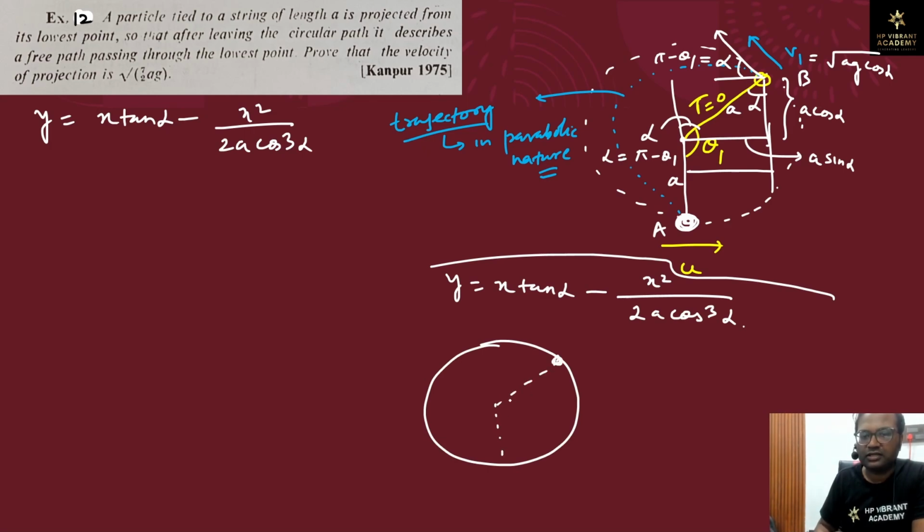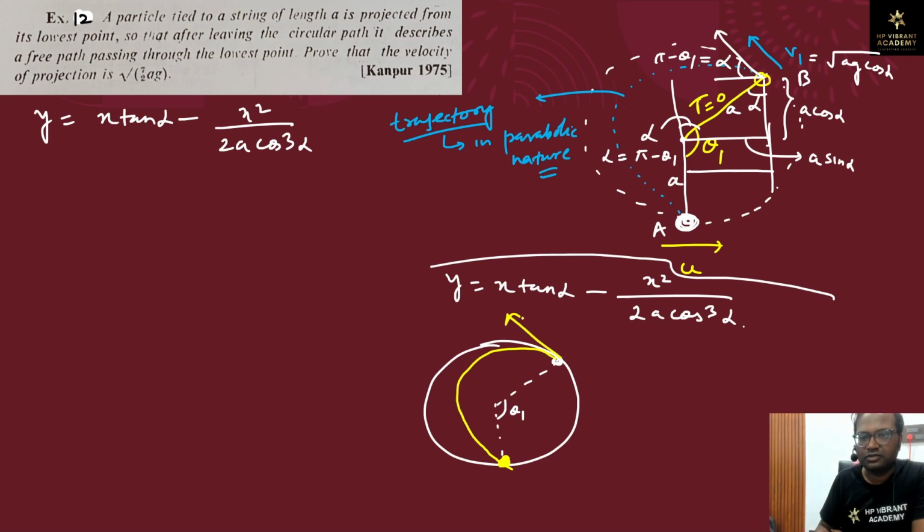From here at an angle of theta 1, the projectile motion gets started, and it will follow a parabolic path and will pass through the bottommost point. Okay, this is the bottommost point.